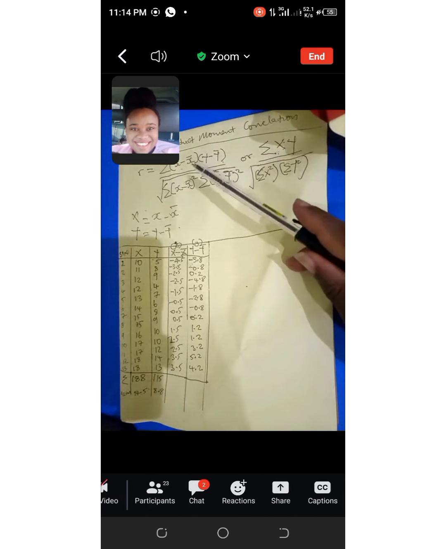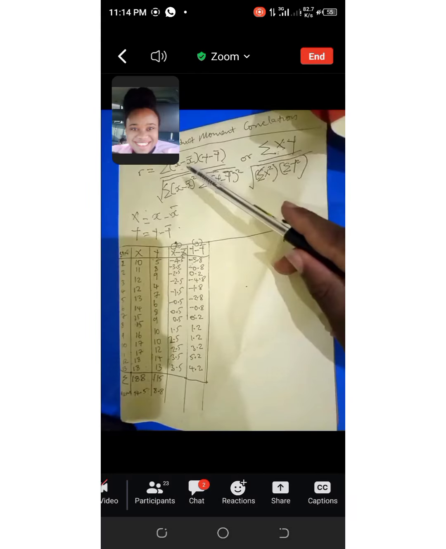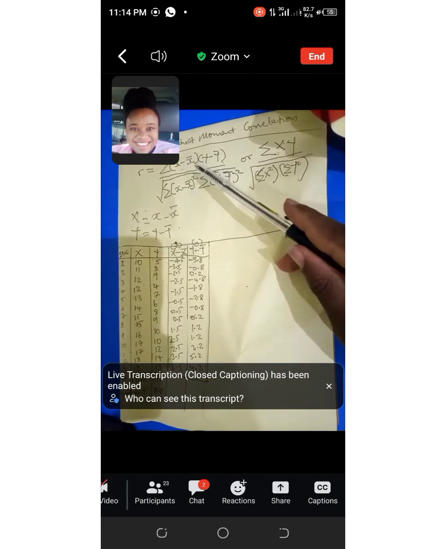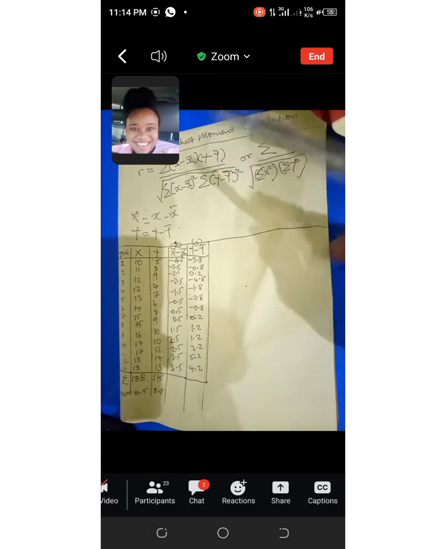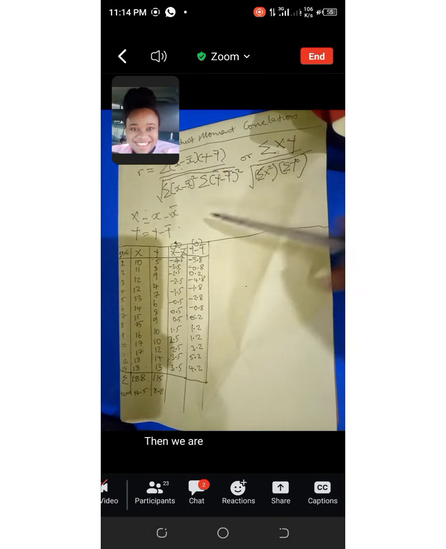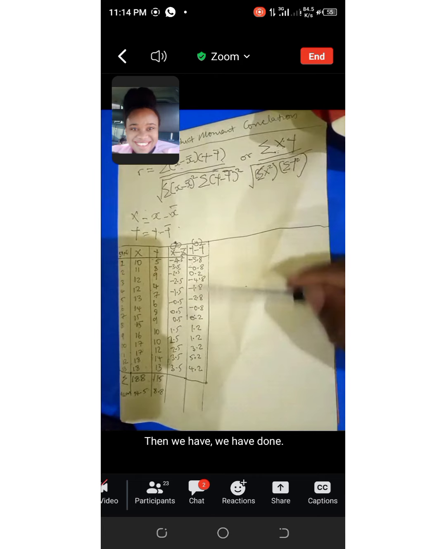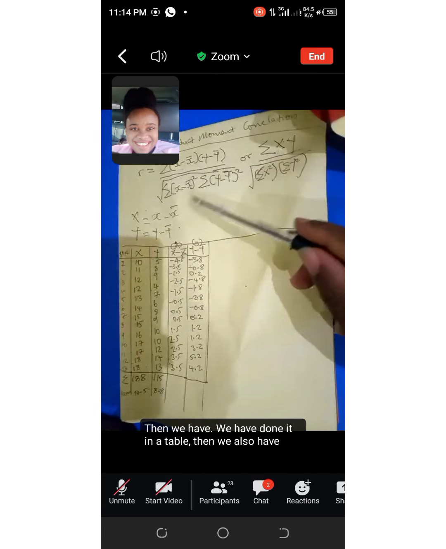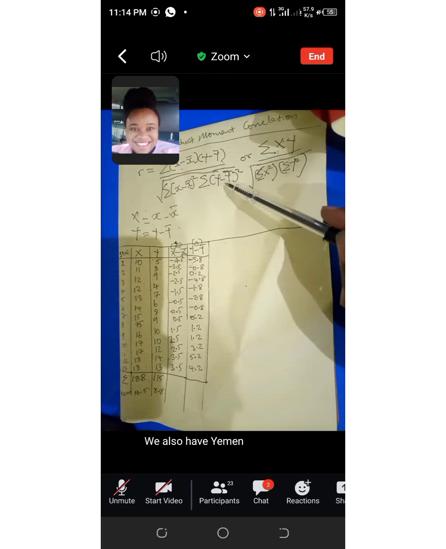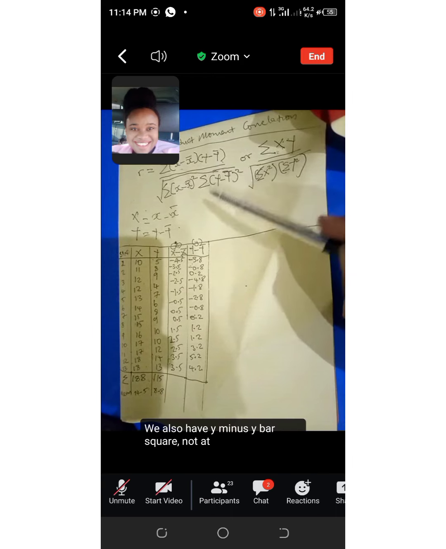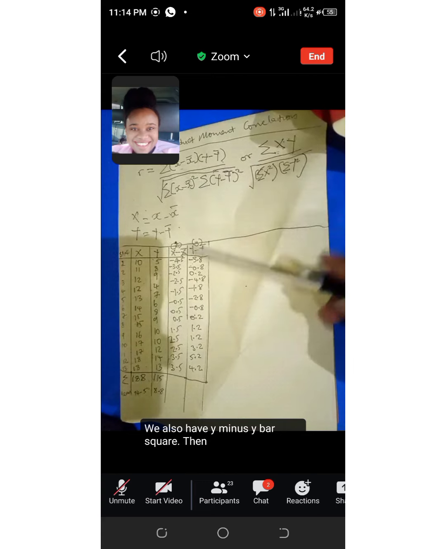You can see x minus x bar, y minus y bar. Then we have done it in our table. Then we also have x minus x bar square. We also have y minus y bar square in our table. Then we can use this directly, but we can make things easier for us.